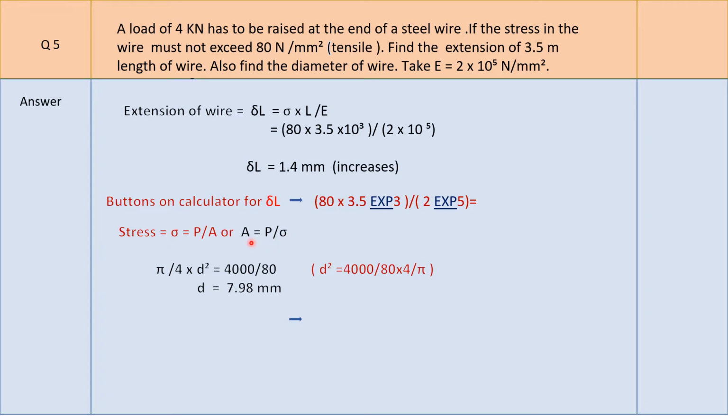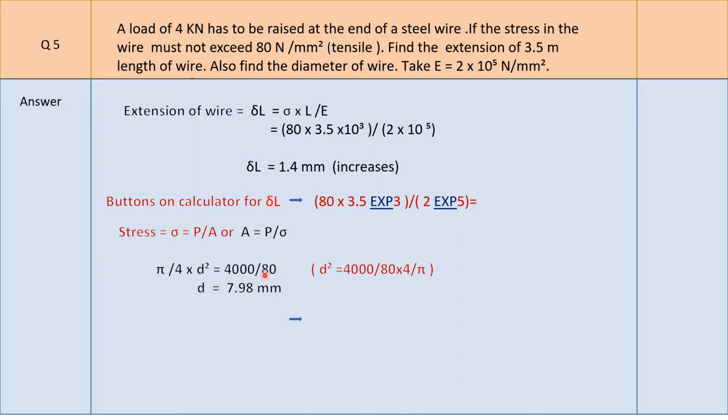Now for the A, substitute the value pi by 4 d square because we want the diameter of the wire. So pi by 4 d square is equal to, this will be the area, P given is 4 kilo Newton, convert it into Newton, so it will become 4000. Stress is 80, so 4000 divided by 80.